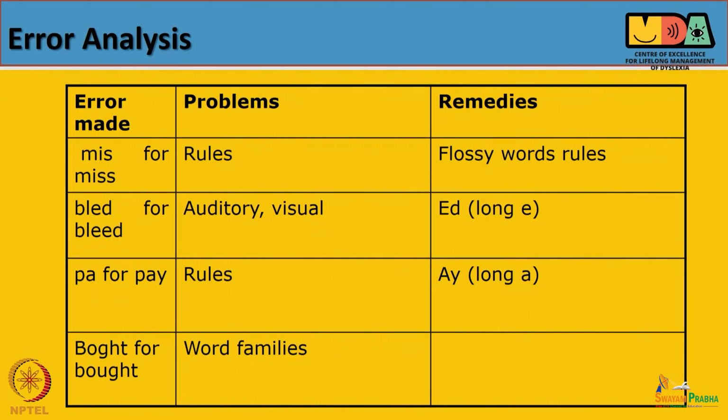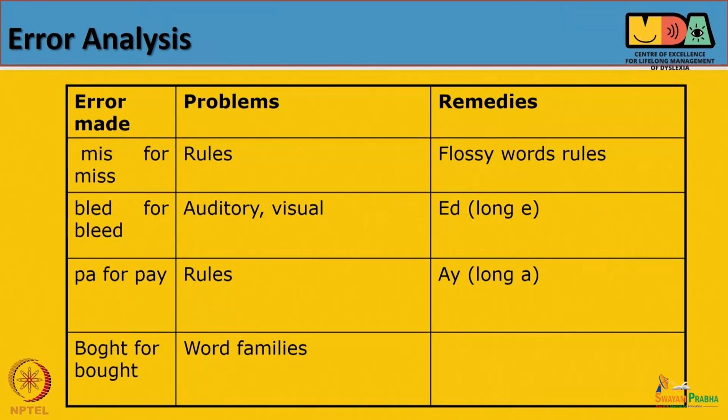The word pa for pay. Phonetically, it sounds right. PA says pay, fine. But we have a rule that says that when you have a long A sound coming at the end of the word, then it has to be written as AY. The child is not familiar with this.